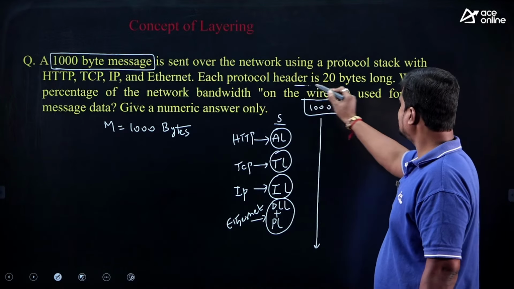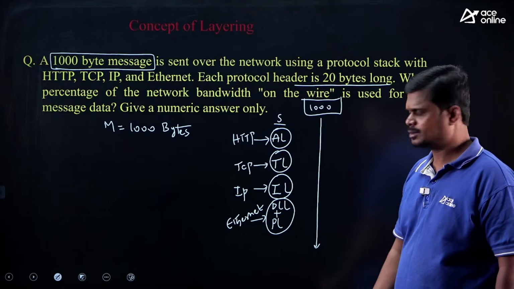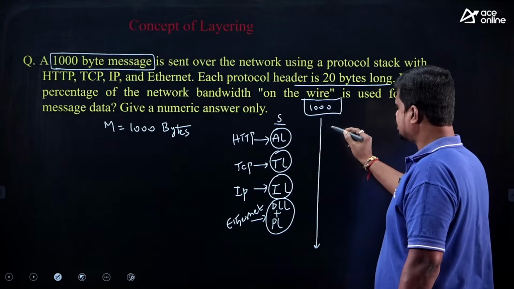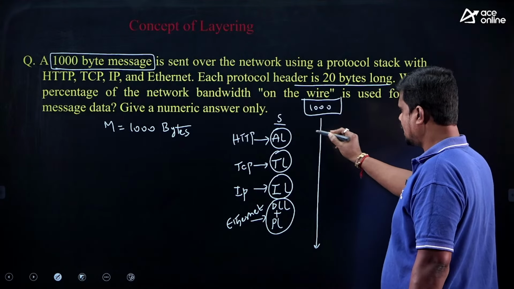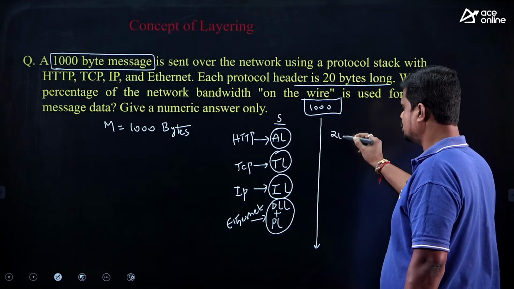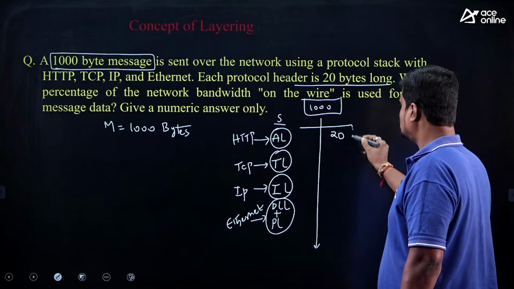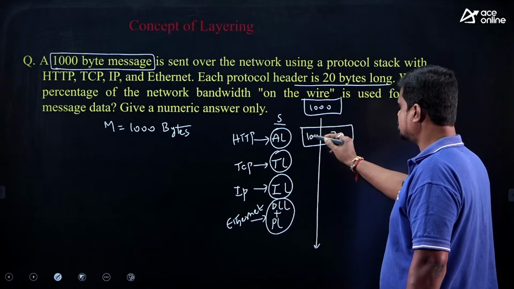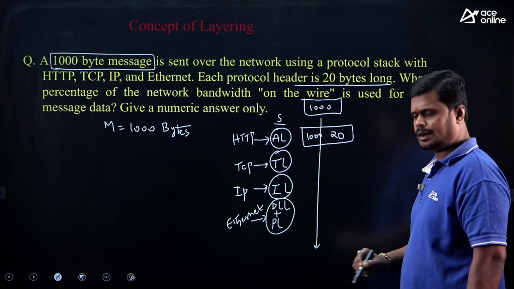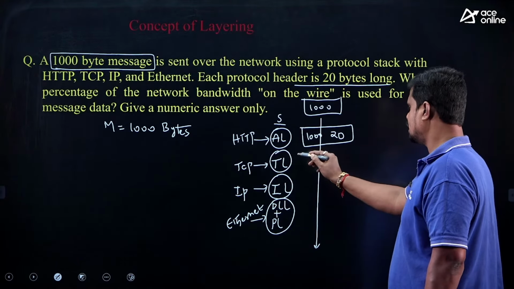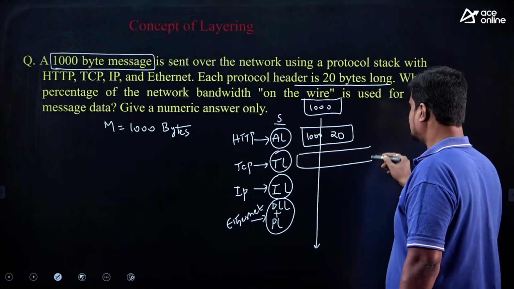How many bytes of header? 20 bytes of header. So to this 1000 bytes at the application layer, 20 bytes are added. Now this comes to 1000 plus 20, and then when it comes to the transport layer, again you are appending.